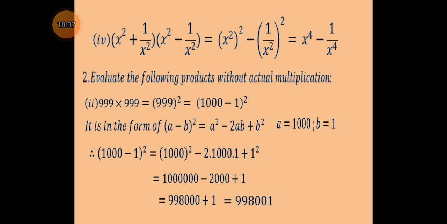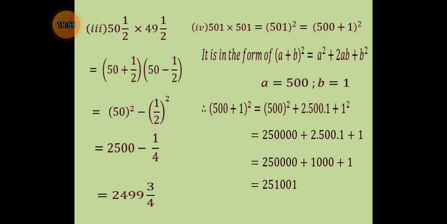Plus second term square, that is 1 square. So 1 square is 1. Instead of 3 zeros, we will write 6 zeros. And 2 into 1000 is 2000. 1 square is 1. Thus, we got the answer 9,98,001.